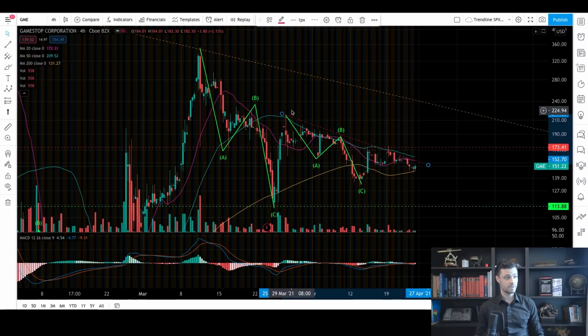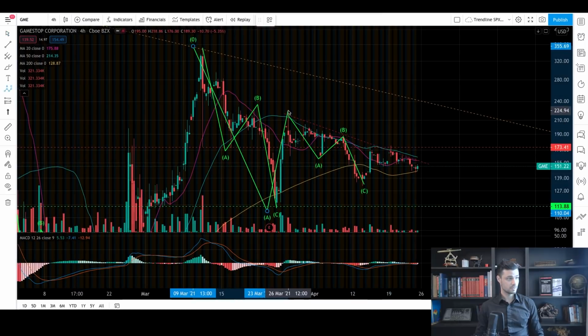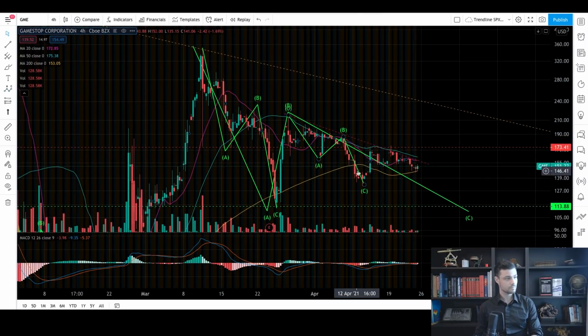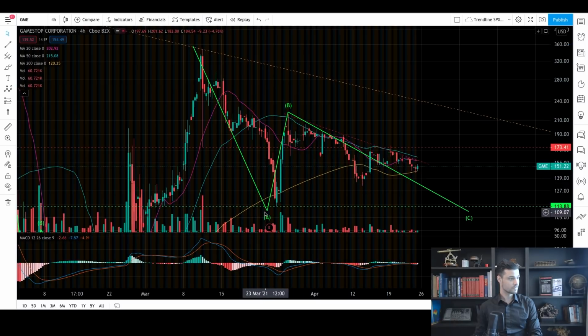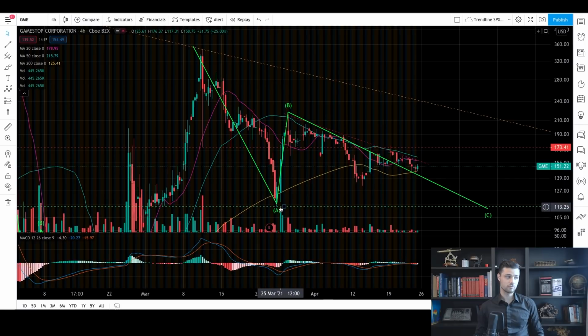So here, A, B, C. We're doing a C wave here. Let me label it if you guys need to see it. And I don't know if this C wave is complete or not. If it's an ABC here, it needs to go lower. It needs to go at least to the bottom of wave A.